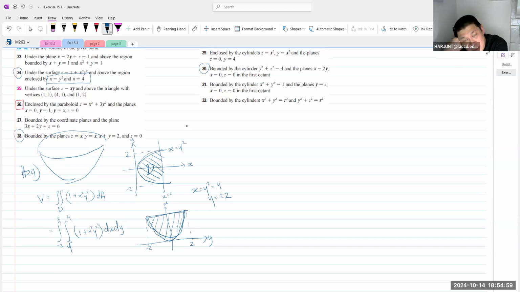Is this easier? I don't know. Another option is we do this double integral from 0 to 4, and then for the dx, as for the y, that will be from negative square root of x to square root of x, like that.